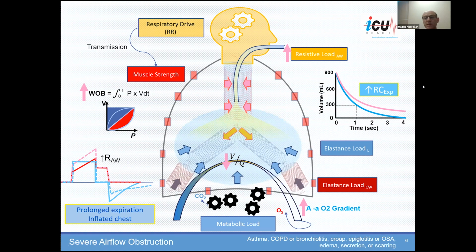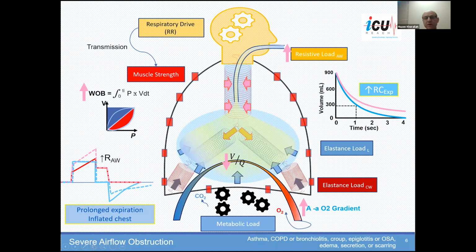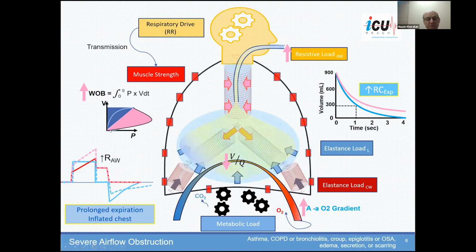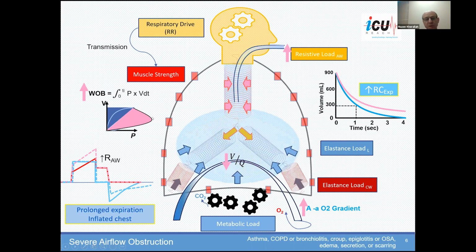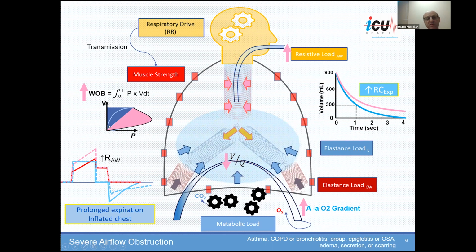So with this increased resistive load, the patient would need to work harder. So the work of breathing is increased for the patient, and that is resistive work of breathing. You can see here how the patient is actually increasing his pressure to overcome that resistive load. And there's nothing wrong with the compliance or the elastance of the patient, but it is the resistive work of breathing.